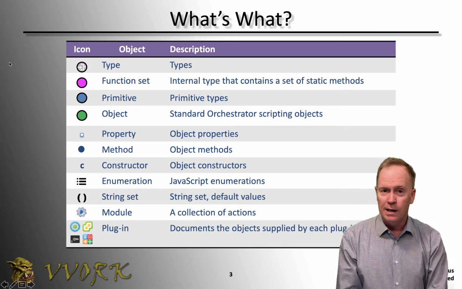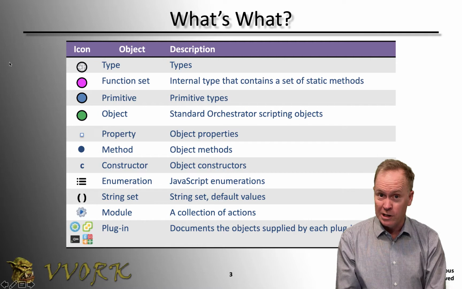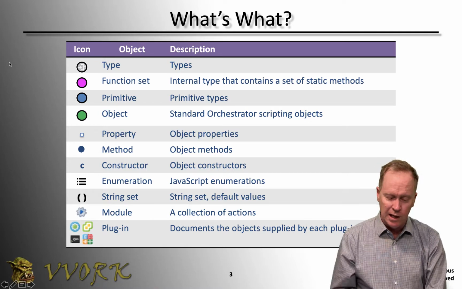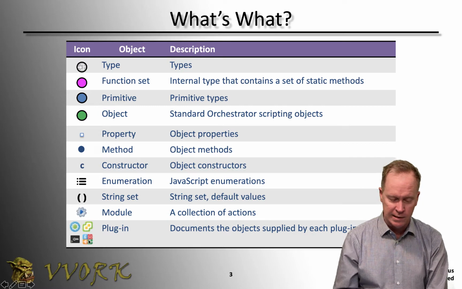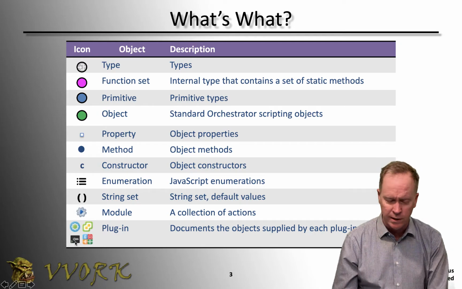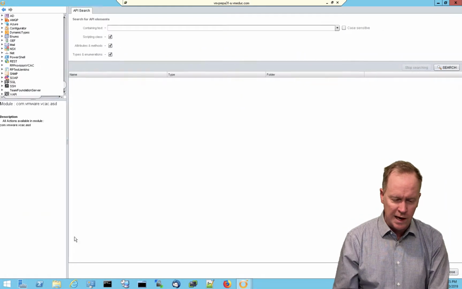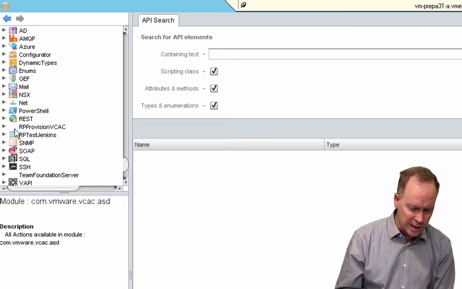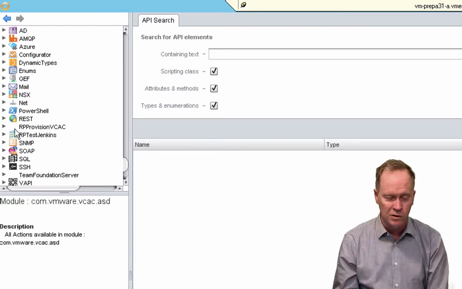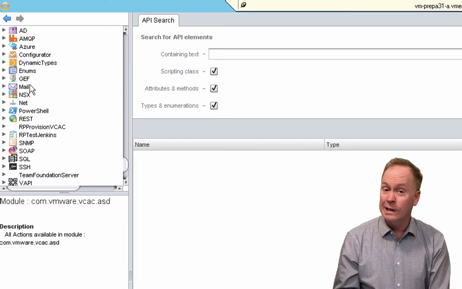Each plugin can provide its own documentation in the API Explorer, and each plugin has its own icon. So for instance, this is the vRA icon, this is the vCenter icon, this is the NSX icon, and this I believe is the SSH icon. If you can't remember the meaning of each of the icons, or in my case, if you can't quite see them because your screen resolution is pretty low, you can always look at the names.